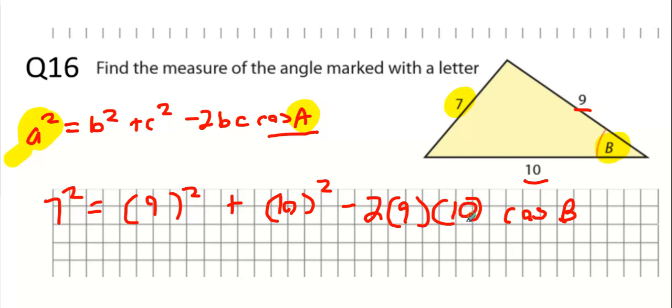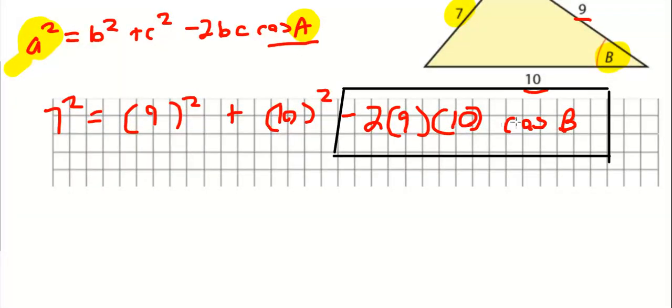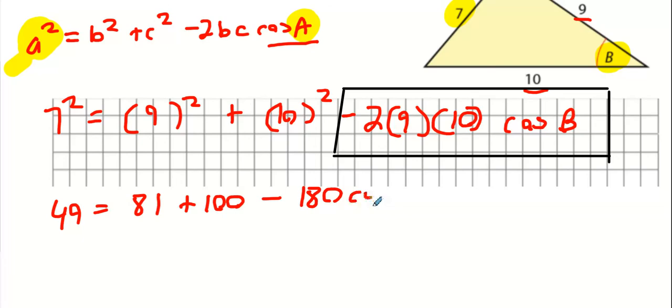Now, unlike other questions, this one requires you to get cos b and then b on its own. So I'm putting a protective box around this, and you'll see why in a few minutes. In the angle questions, you don't go near that box until the very end. So 7 squared is 49, 9 squared is 81, 10 squared is 100, minus 2 times 9 times 10 is 180 cos b.